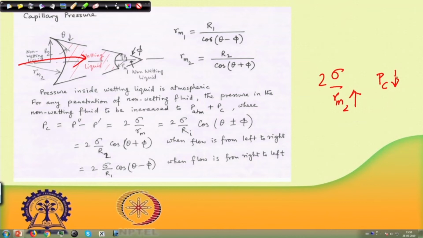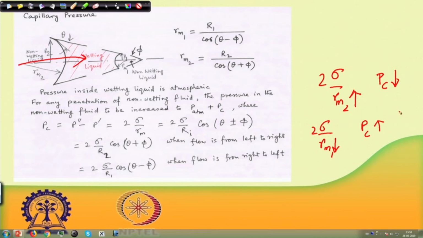So what that means is I have to put less P double prime on this side for the flow to be established. On the other hand, if I look at flow from right to left, in that case it is 2 sigma by RM1, and I can see RM1 is small. So naturally for this side the capillary pressure is higher.